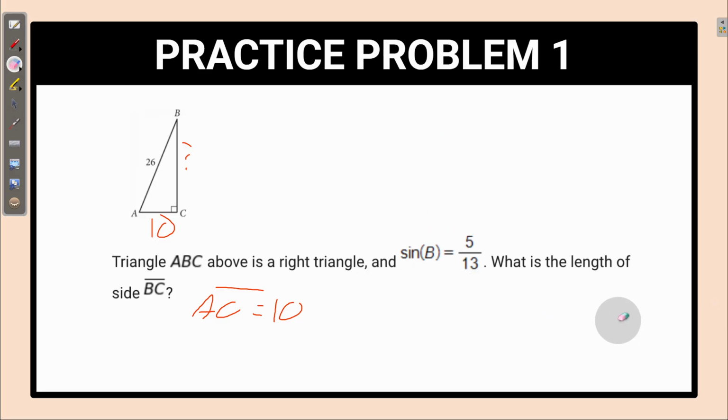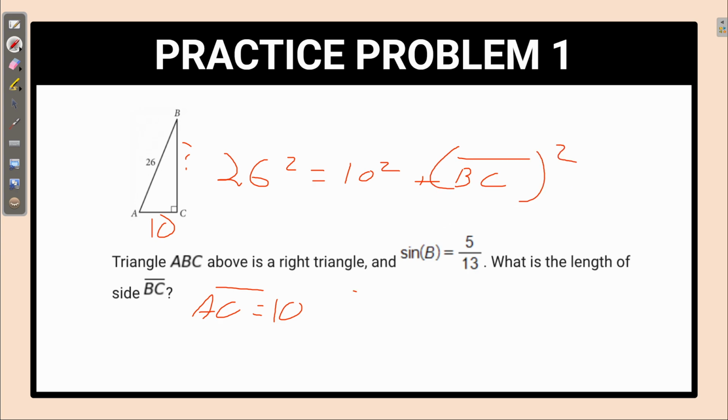So since AC is equal to 10, we can use our Pythagorean theorem to find side BC. We get 26 squared equals 10 squared plus BC squared. So 26 squared minus 100, which is just 10 squared, equals BC squared.